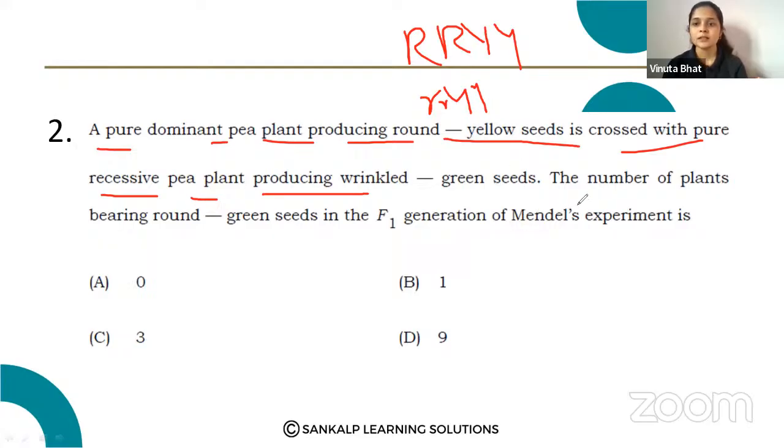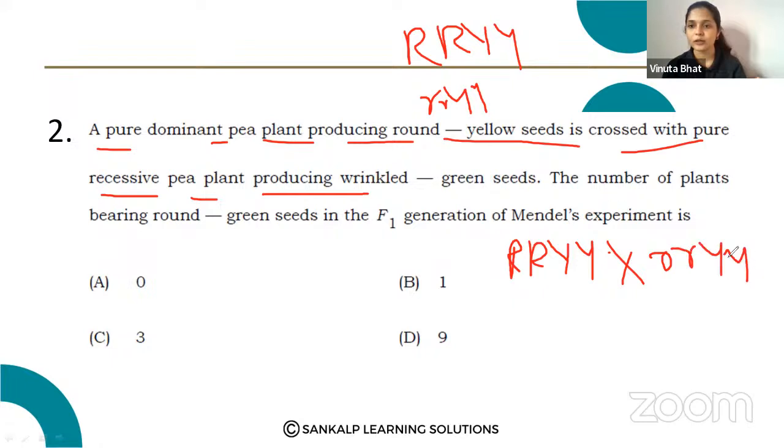The number of plants bearing round green seeds in the F1 generation of Mendel's experiment. When these two plants are crossed, capital R, capital R, capital Y, capital Y with small r, small r, small y, small y, what is the number of plants bearing green seeds in the F1 generation?